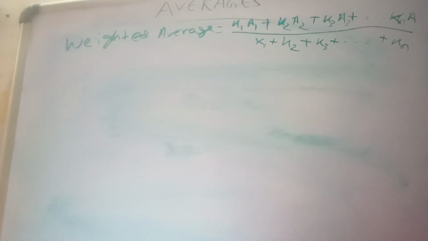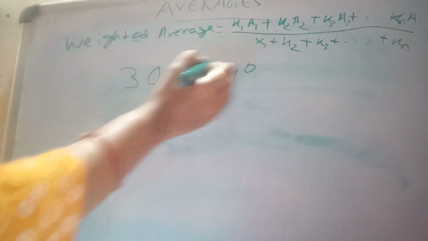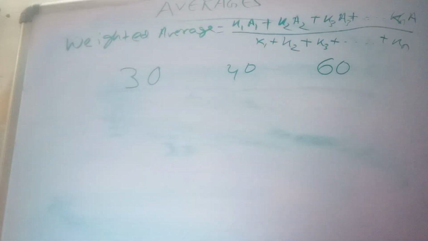The number of students at IIM in morning batch, evening batch and weekend batch is 30, 40 and 60 respectively.